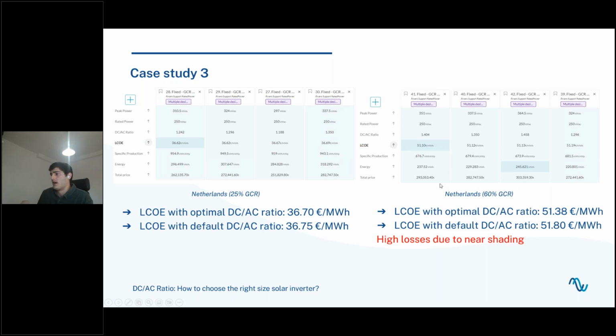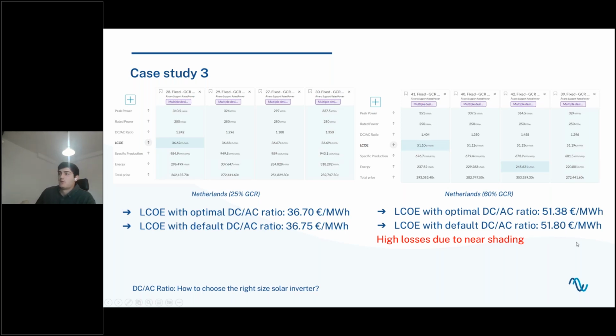But if we go with a higher GCR, we can see that the optimal DC-AC ratio is 1.4, and the deviation compared to the DC-AC ratio of 1.2 is very high. If we review the results between the optimal DC-AC ratio and the default DC-AC ratio, we can see that for the 60% GCR, the gain is huge, very big.